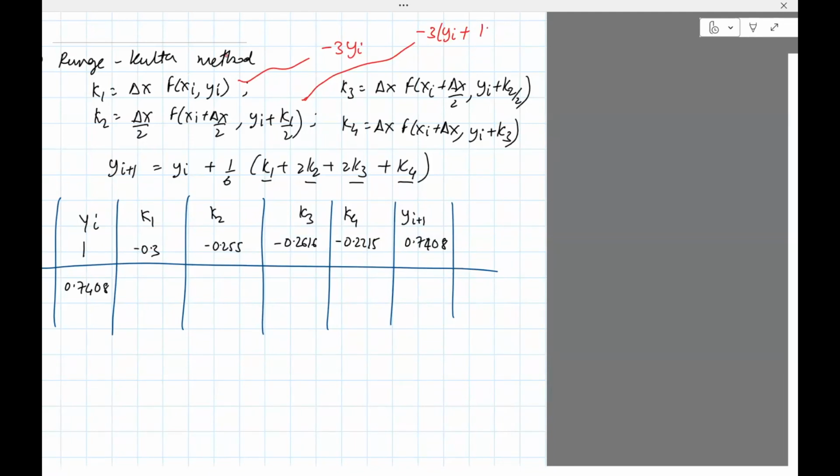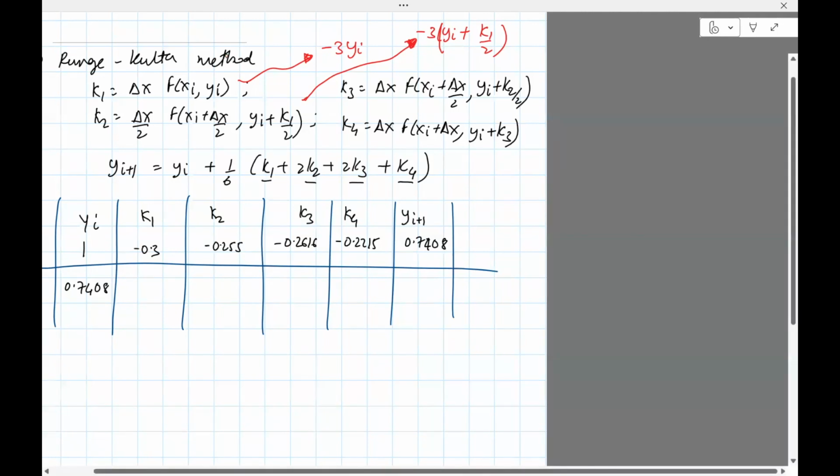You just have to sub in the value of y. So remember that, otherwise you'll get a calculation error, and so on for k3, k4. There's nothing really new about doing this calculation. It's the same way as before, maybe punching more numbers. I'm going to give you the solution, and then we'll compare it again with the exact value, and then we'll stop.